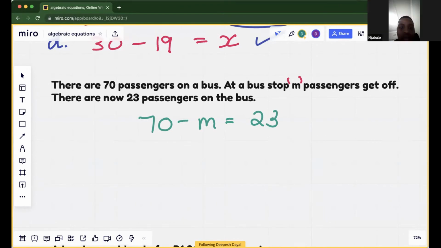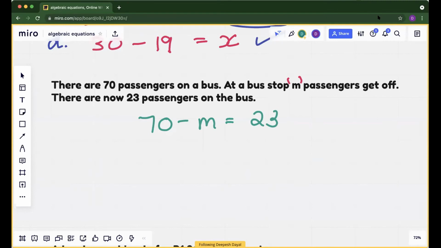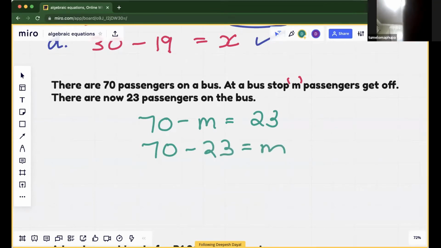Okay, yes. 70 minus 23 equals M. 70 minus M equals 23. Okay, we've got that here as well. Okay, great.